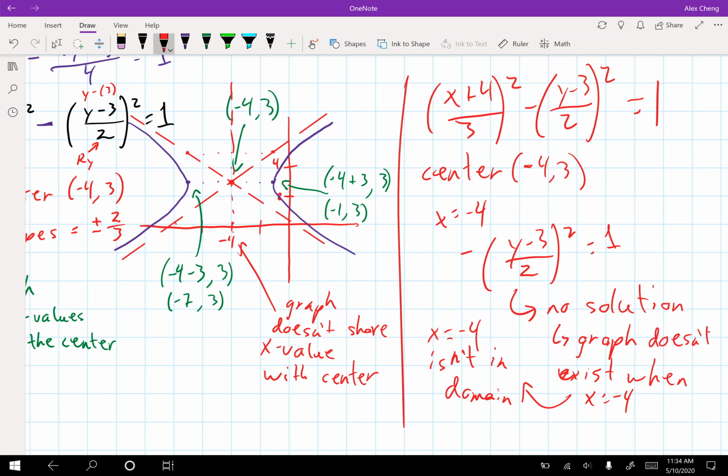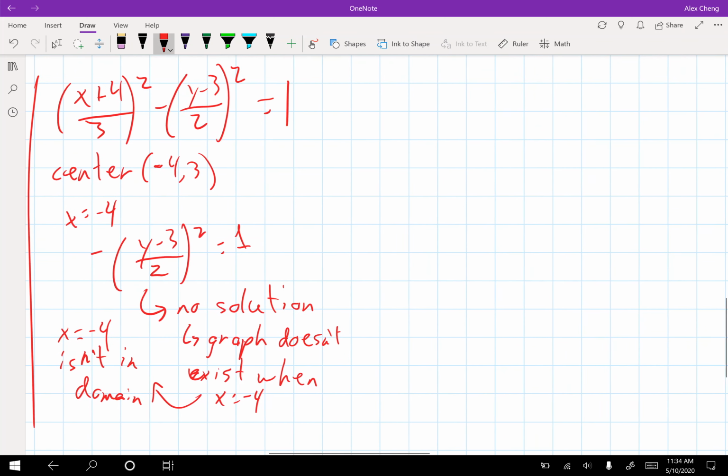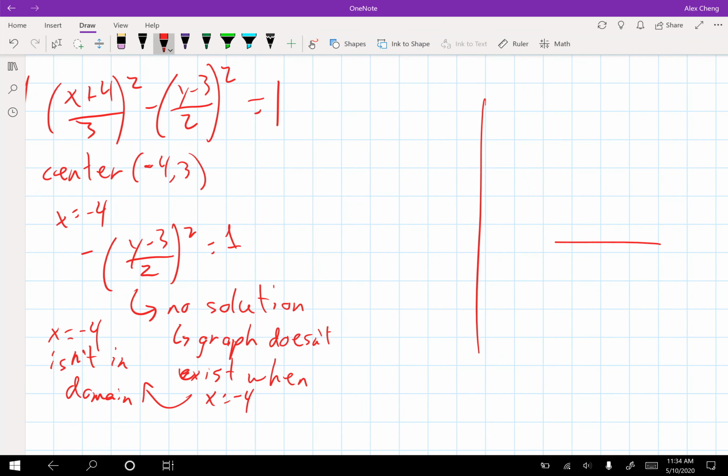What does this mean then? Well, because we know what a hyperbola looks like now, I'm going to give a very rough sketch here. Here's the center at -4, 3, somewhere around there. Because the graph doesn't exist when x equals -4, that tells you that at this point there is no graph.